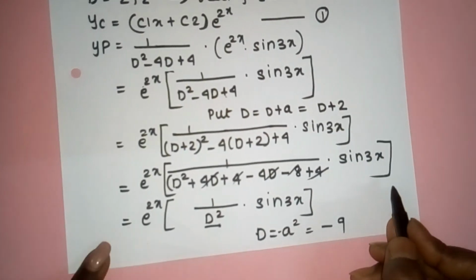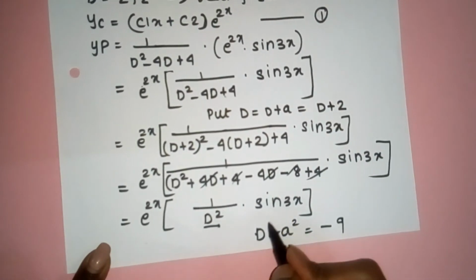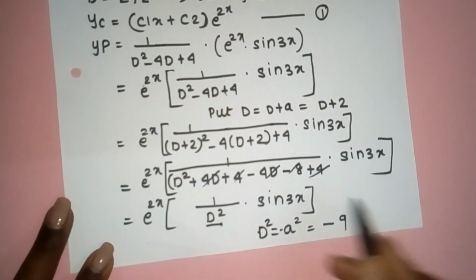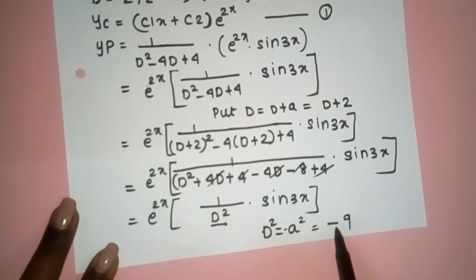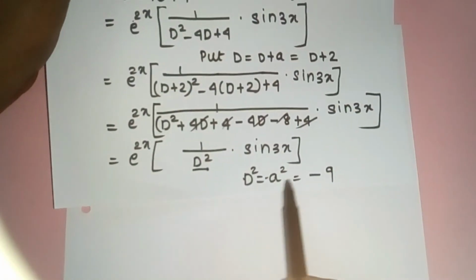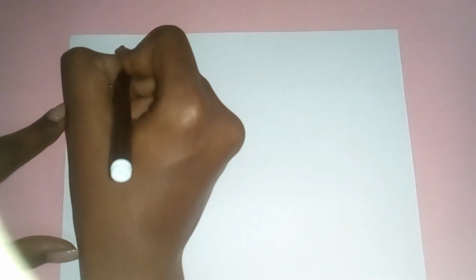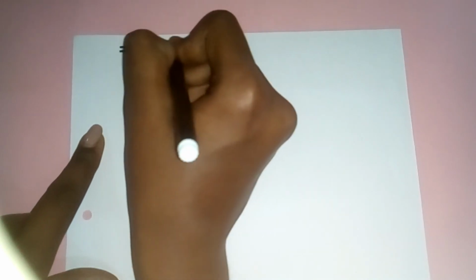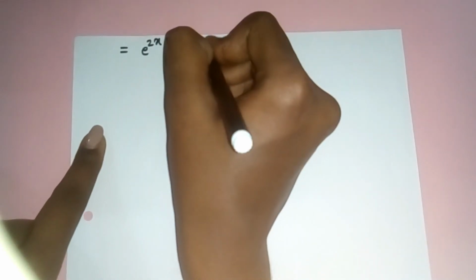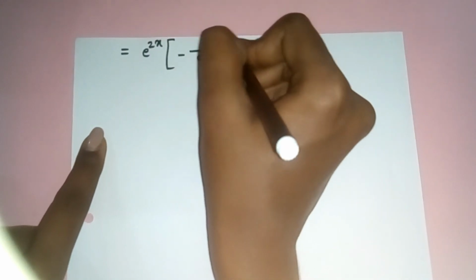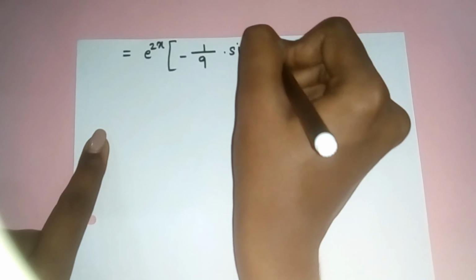So in the place of d square, we have to put d square is equal to minus 9. So now we'll put it is equal to e raised to 2x, we write as it is. Then we'll write 1 upon minus 9 into sin 3x.